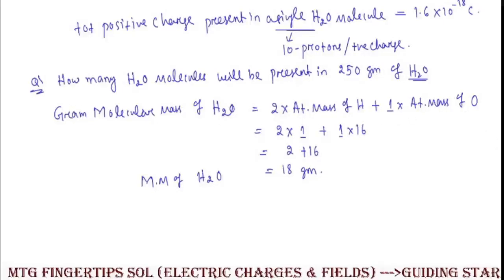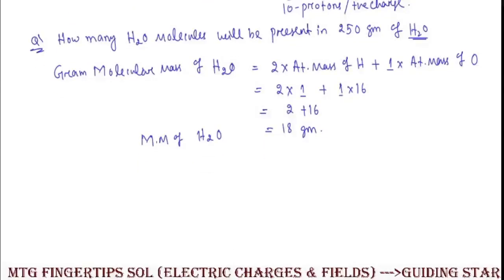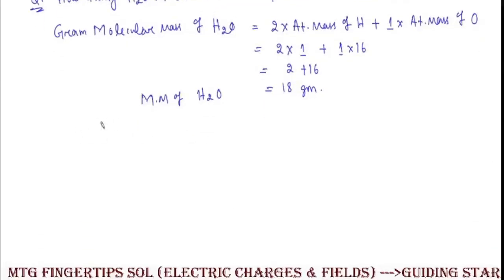So from the mole concept theory, what we can say is that if you take 18 gram of water, how do you define this? 18 gram means 1 mole of H2O molecules will be present in 18 gram of water.